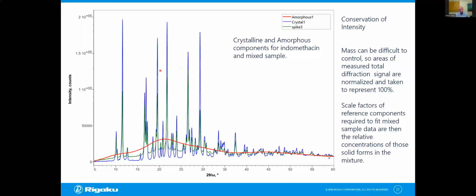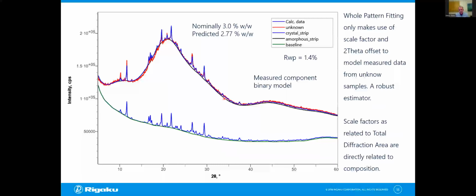So we're basically enforcing the conservation of intensity law. And so although we can't control mass, we can actually scale all of these to 100%. And so we assume because they have this common area that they effectively represent 100% concentration of those materials. So this is the beginning point of standardless quantitative analysis.